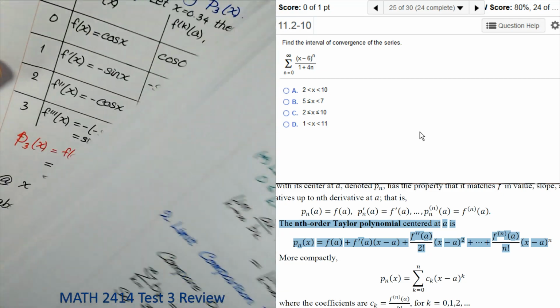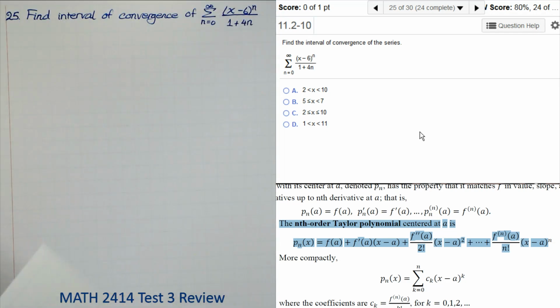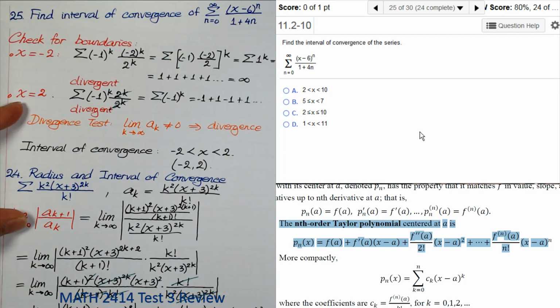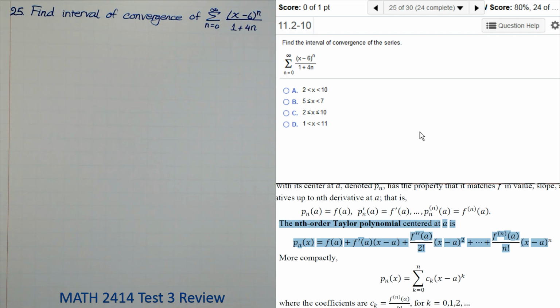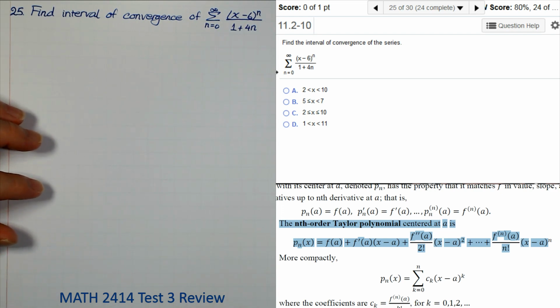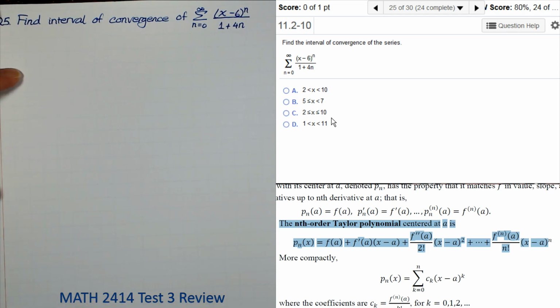So if the radius is something in between, then we have to check the boundary. Like this one, it looks like we need to check the boundary. Alright, we'll see. First, ratio test.